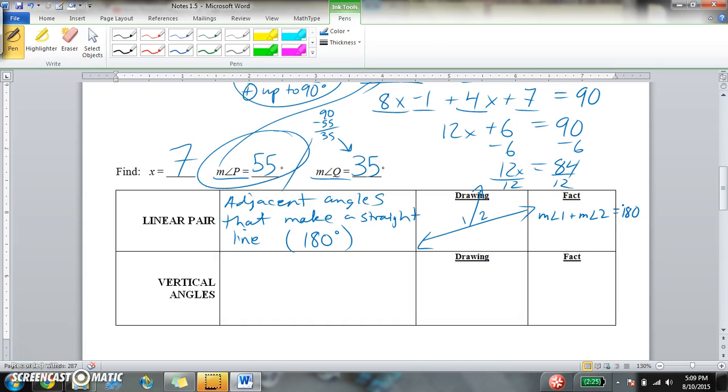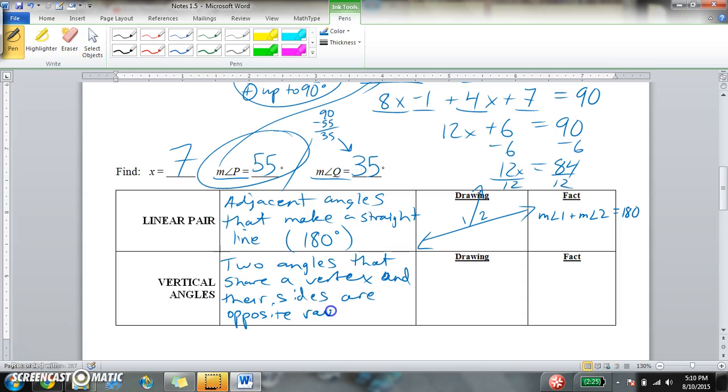Vertical angles are a little bit more complicated. We're going to see them a lot this year. So vertical angles are two angles that share a vertex and their sides are opposite rays.